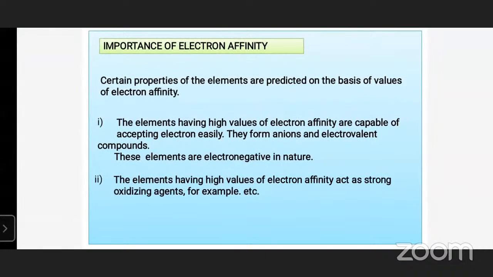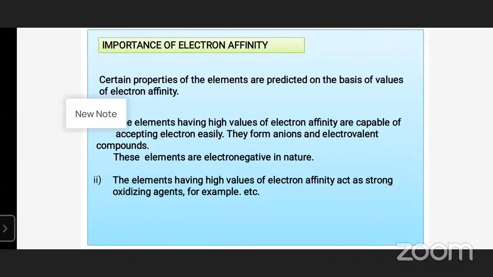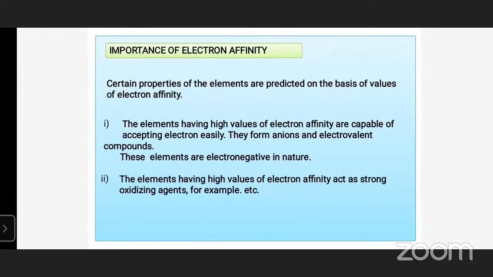These elements are electronegative in nature. The elements having high values of electron affinity act as strong oxidizing agents. This point is very, very important.